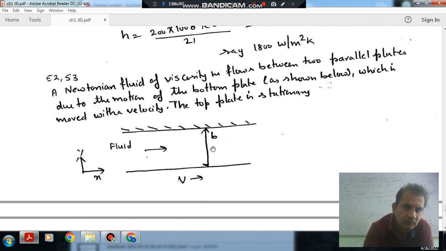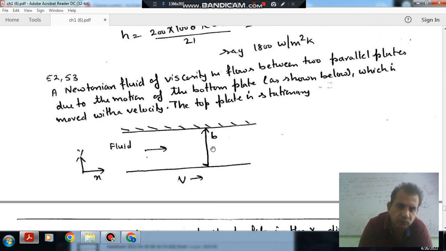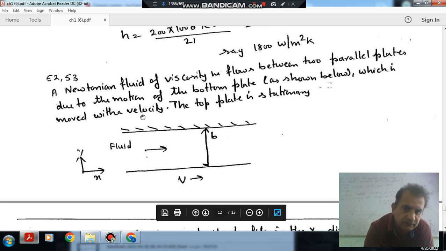Next, a Newtonian fluid of viscosity mu flows between two parallel plates due to motion of the bottom plate, which is moved with a velocity V, as shown.